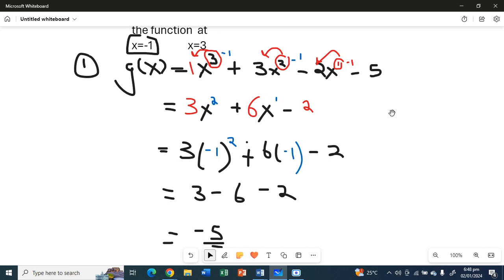The next thing we need to find is the gradient at the point where x equals 3. So again, we substitute x equals 3 into our quadratic expression.